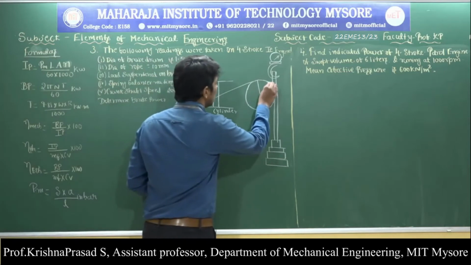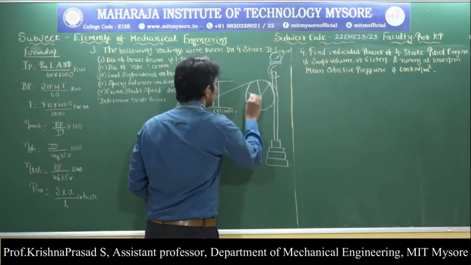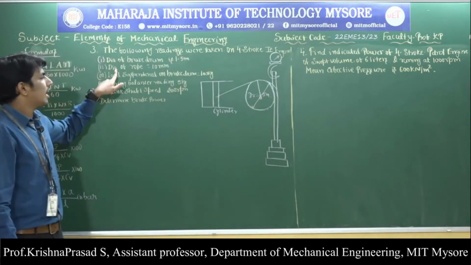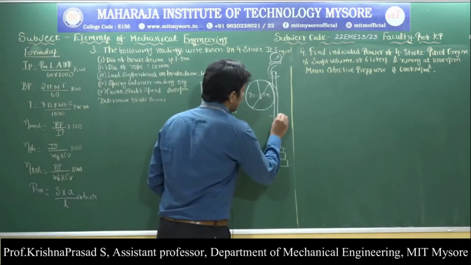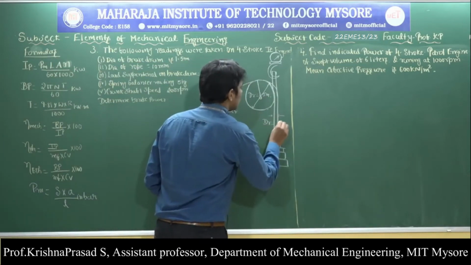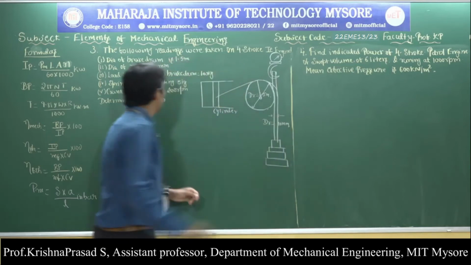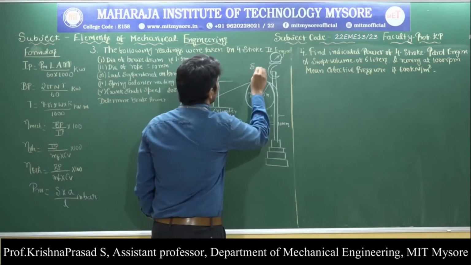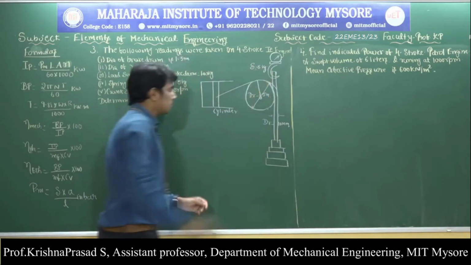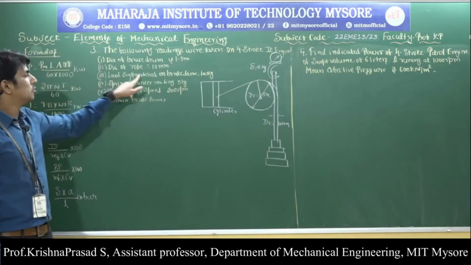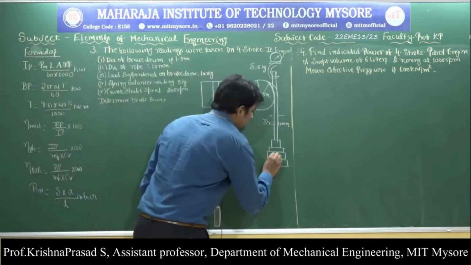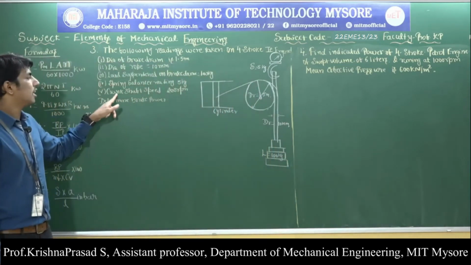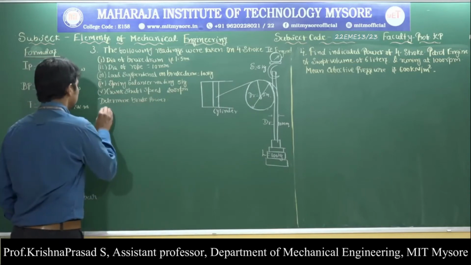Then the diameter of the rope is 10 millimeter, and the spring balancer reading is 5 kg, that is S equals 5 kg, and the load suspended on the brake drum is 100 kg, that is capital L, and the crankshaft speed is 200 RPM.